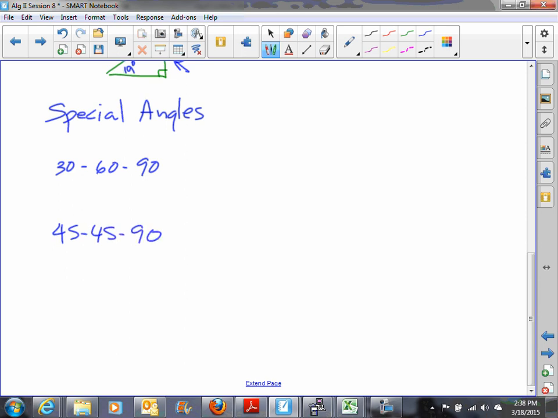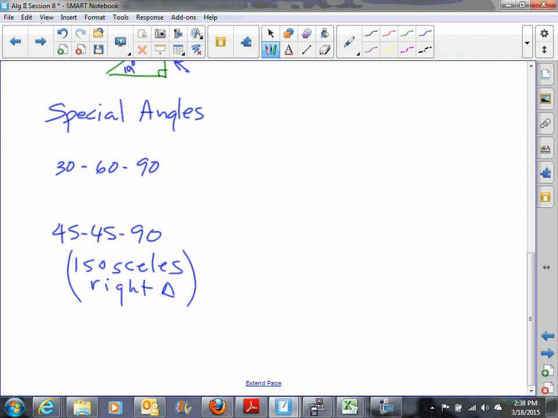Now, sometimes this one, instead of being called 45, 45, 90, is called the isosceles right triangle.